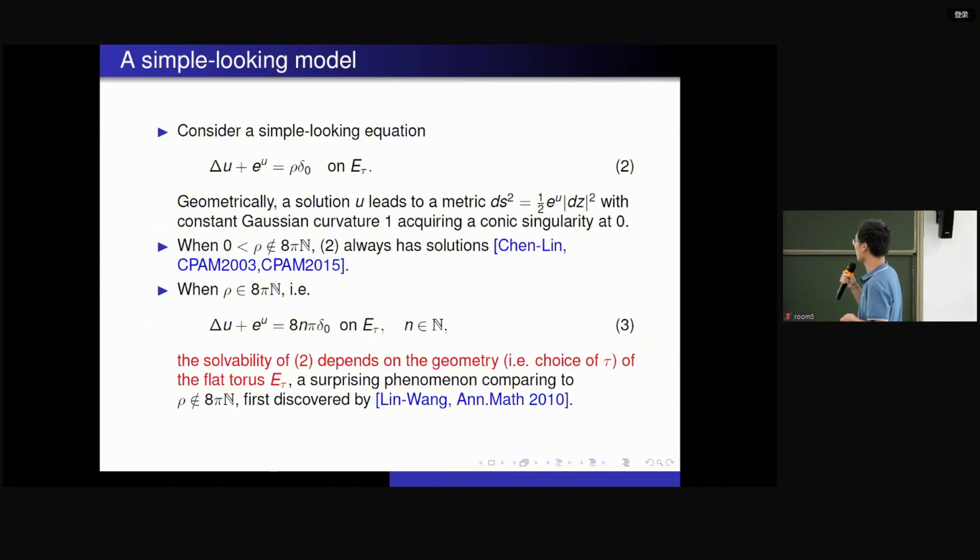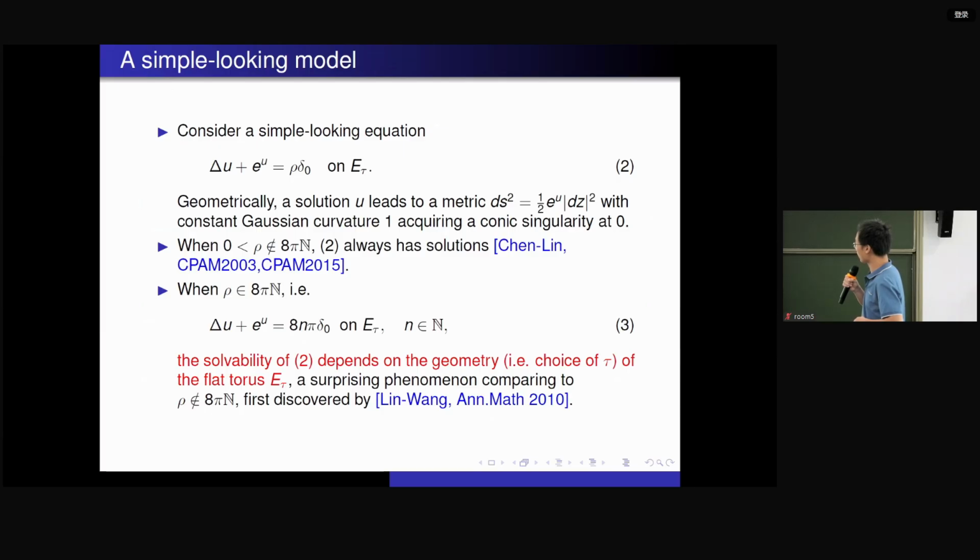So this equation also arises from conformal geometry. We apply the previous result to this simple looking equation. The result says that if ρ is not 4π times n, then this equation always has solutions. So the remaining case is ρ is 4π times n.